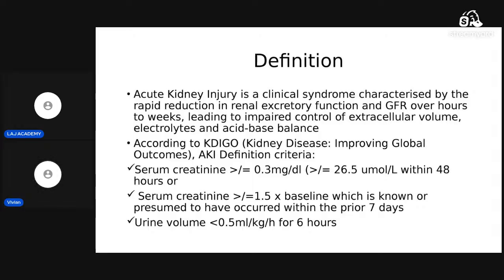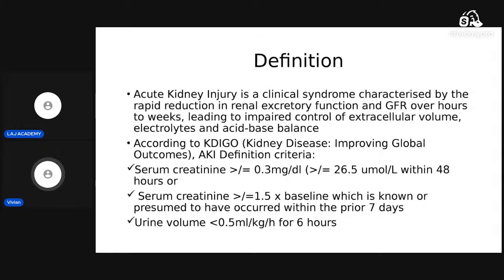The serum creatinine has to either be greater than or equal to 26.5 micromole per liter within 48 hours, or greater than or equal to 1.5 times the baseline. So the new creatinine has to be greater than or equal to 1.5 times that baseline, and is presumed to have occurred within 7 days prior to presentation.